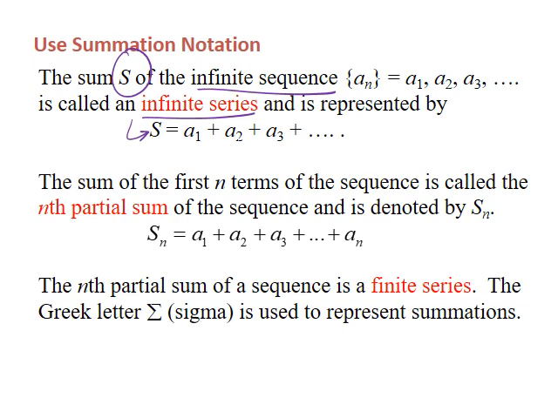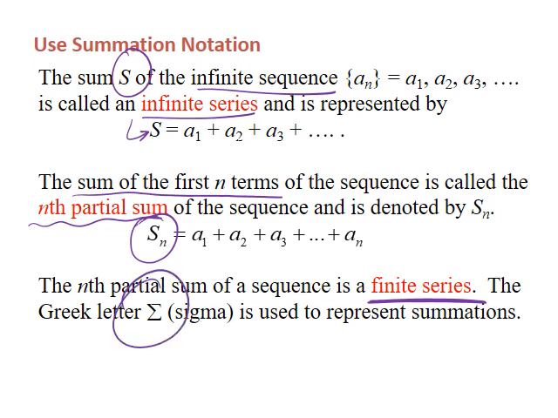Whereas if I'm interested in only the sum of the first several terms, that's known as the nth partial sum and is represented in this way. The partial sum is a finite series because it's just a sum of the terms. We will use the Greek letter sigma to represent a sum.